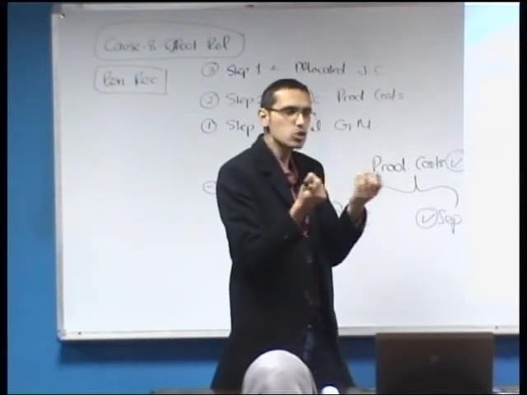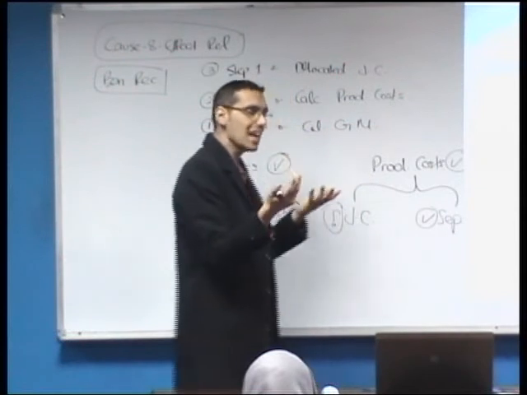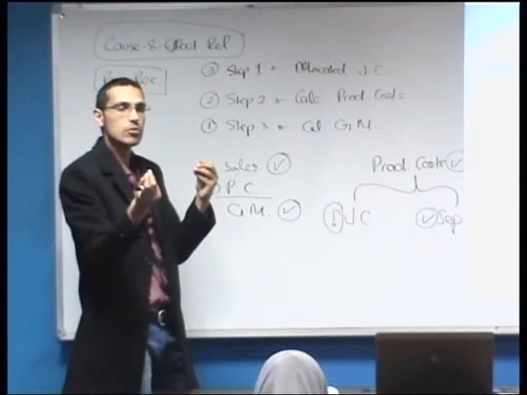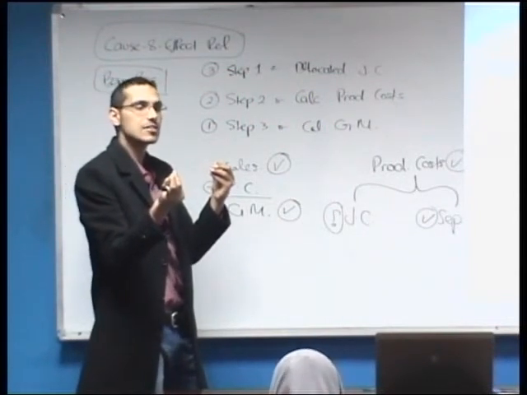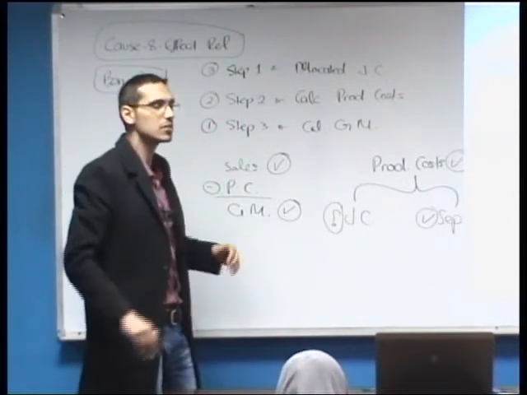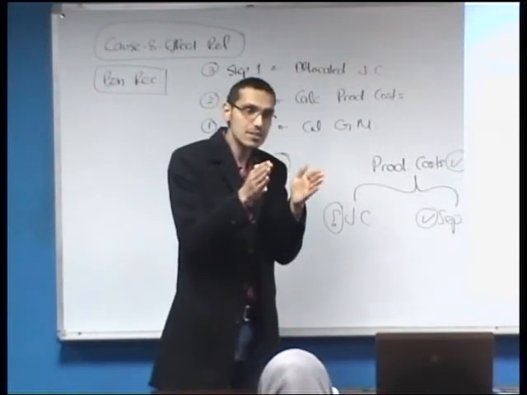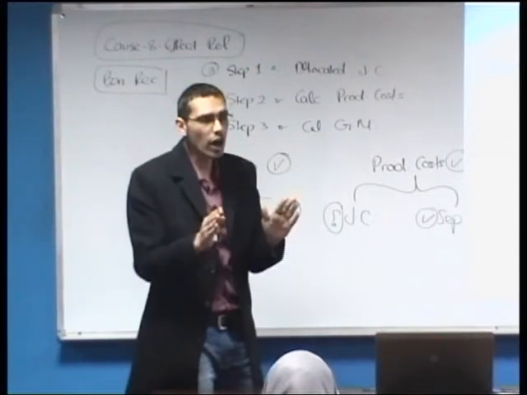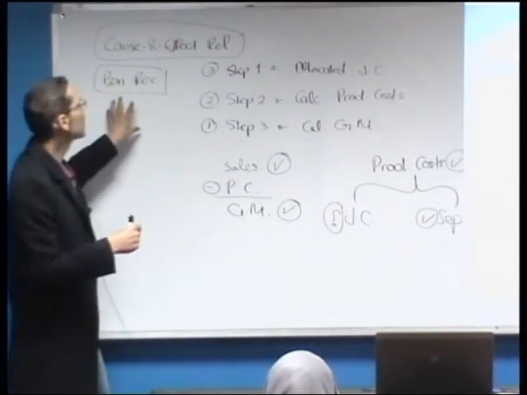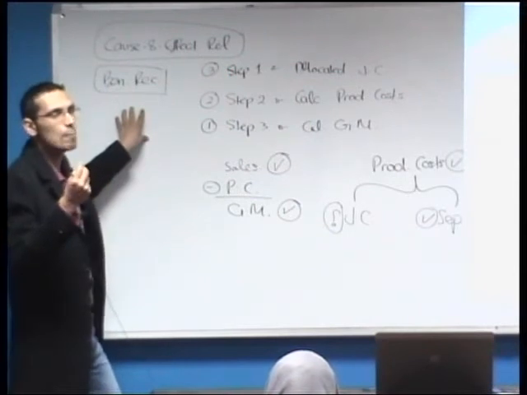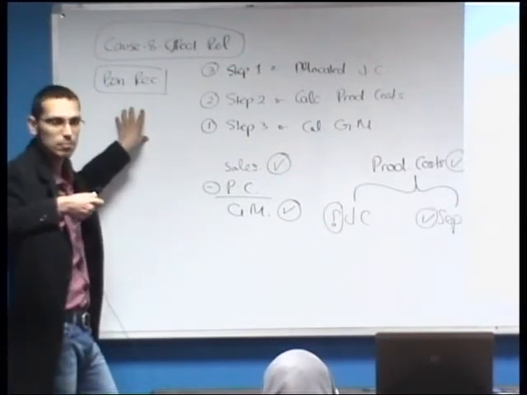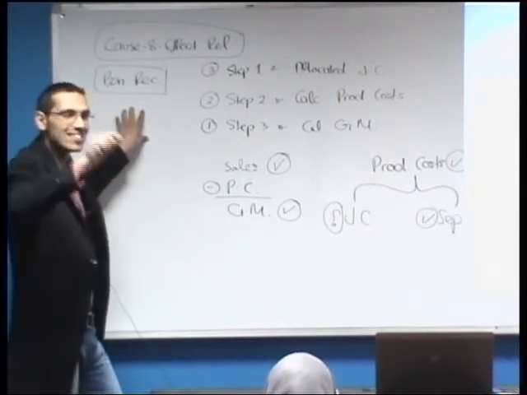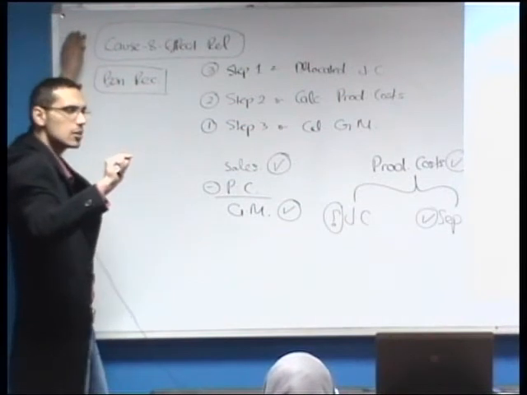Therefore, the allocation base should have a cause and effect relationship with the cost itself, or it should have a benefits received relationship. Therefore, the costs should be allocated by either the first or the second.